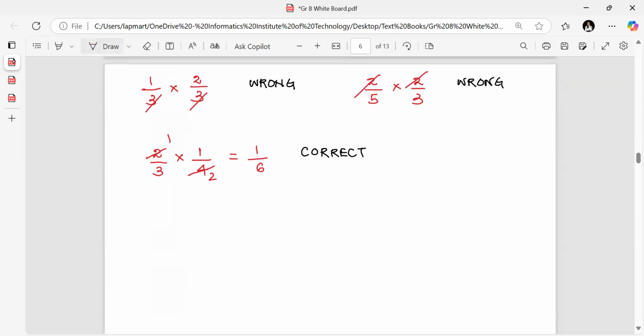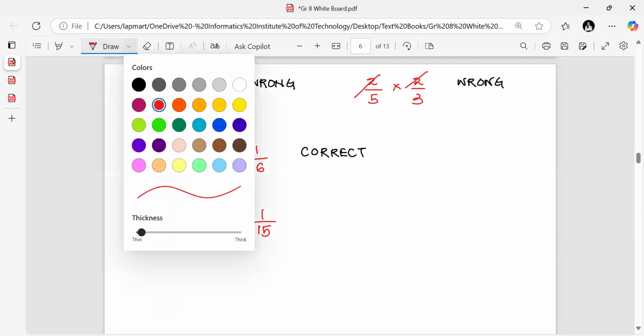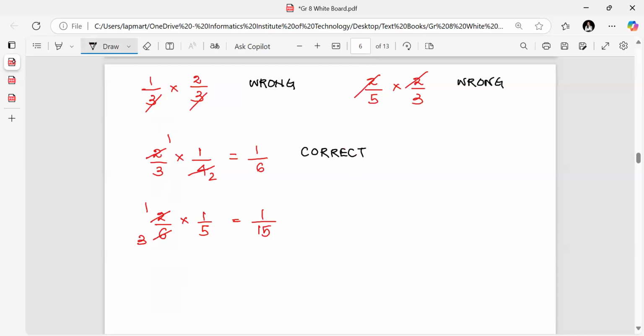The same way, let's say, now look at this one. If you have something like this, 2 over 6 times 1 over 5. Now what happened? I take 2 times 1 and 2 times 3. Then the final answer is 1 over 15. This is also correct. Now you might think how it comes that you cancel out the same thing. It doesn't matter.